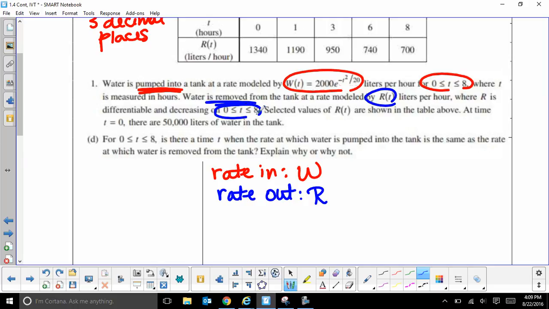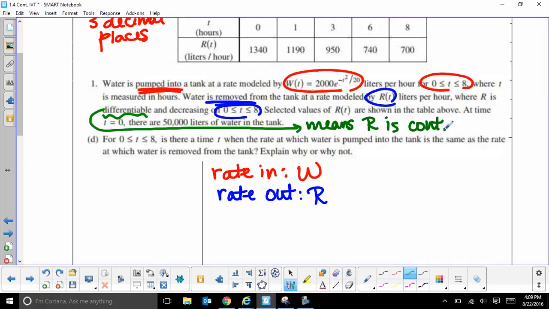They tell me that R is differentiable and decreasing. This differentiable piece I need to update you on because it's a vocab term you're not going to learn until next chapter. But we need it right now to know that this means R is continuous. We'll talk about why in chapter 2.